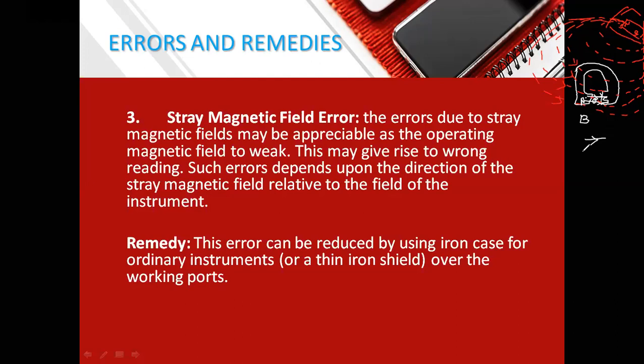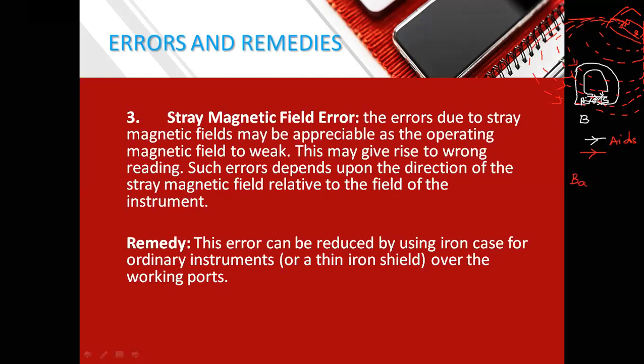Magnetic lines of force of stray magnetic field is as shown here. So what happens here is both of them aid, and the air gap, I'll put it as BA.